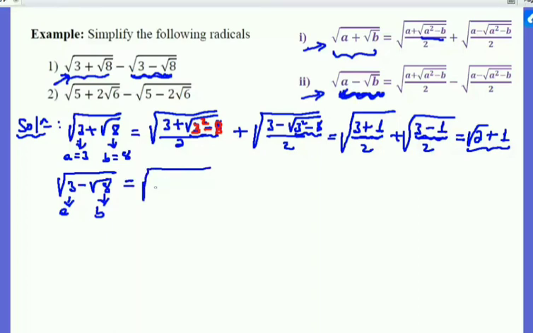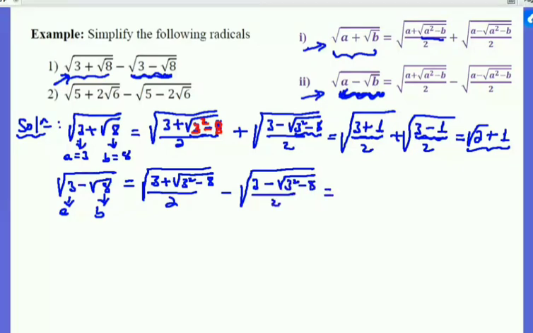When we apply the second formula, it becomes radical of 3 plus another radical 3 square minus 8 over 2, minus the bigger expression 3 minus the radical of 3 square minus 8 over 2. So 3 square is 9, 9 minus 8 is 1, square root of 1 is 1.